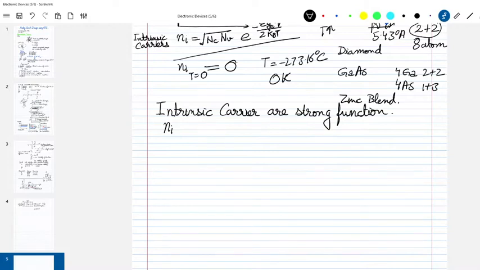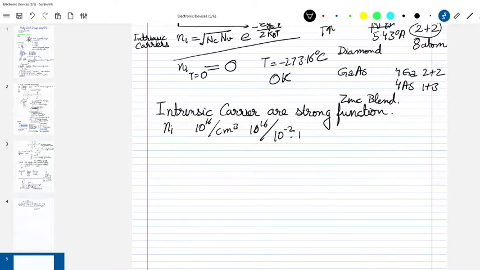Now let's look at what is the order of this. The order of this is basically 10 raised to 16 per centimeter cube, or rather 10 raised to 16 divided by 10 raised to minus 2 centimeter cube, so this will become 6, right?